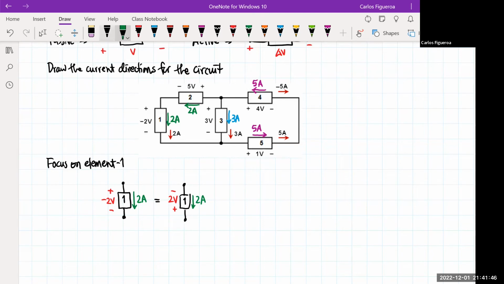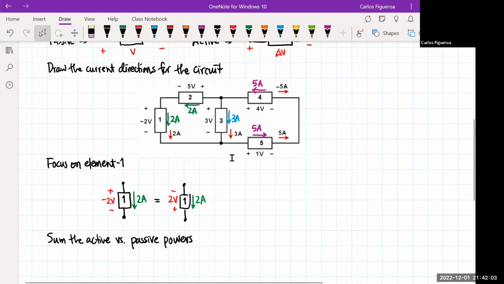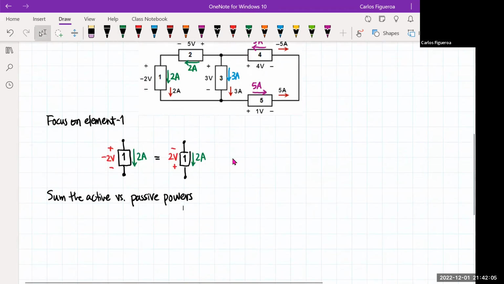So here we go. Now we're going to sum the active versus passive powers. Since the first element is already active, I'm going to start with the active.